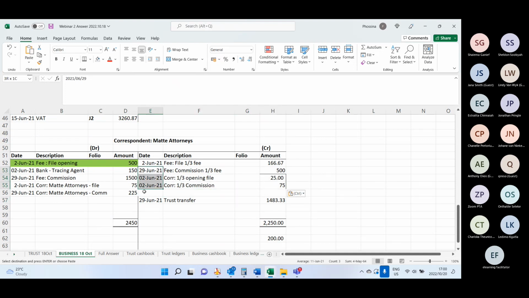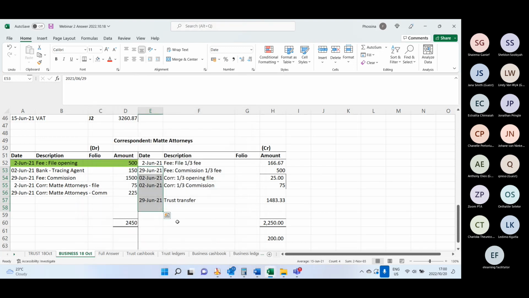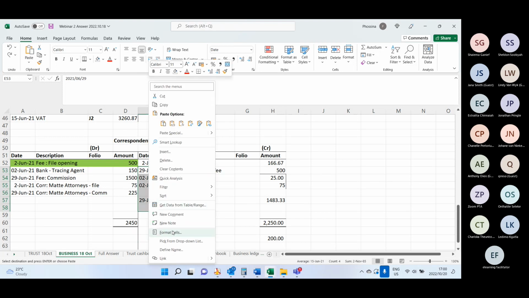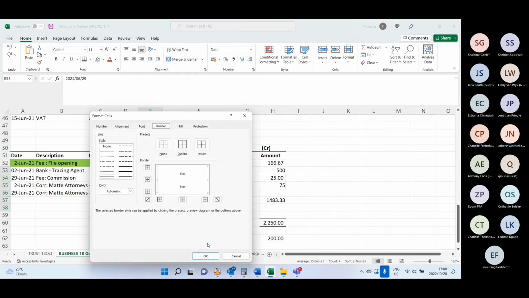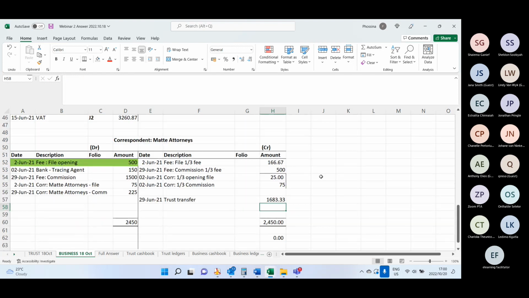So what then it does is that we need to, like that. And then it means our balancing off is going to change. It will change. So the VAT component is changing things.